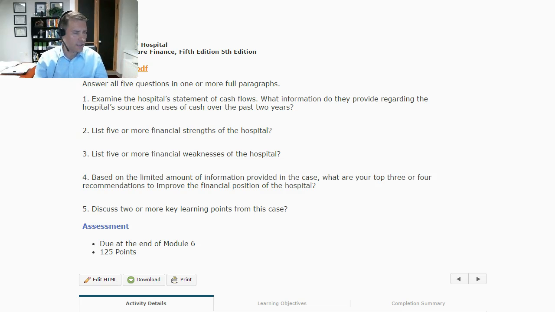The next one, what are some of the weaknesses, and I'll give you some areas there. Again, how are their deductibles looking? Is there a trend in their liquidity? Is liquidity going up or down? They may have great liquidity right now, but is it getting softer? I don't know.